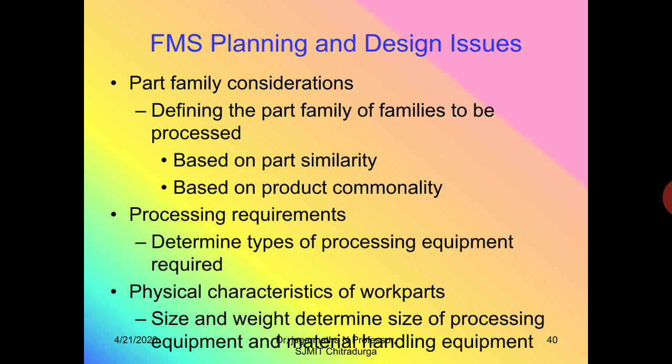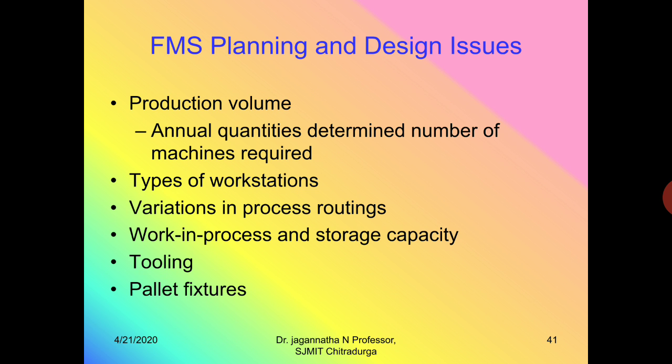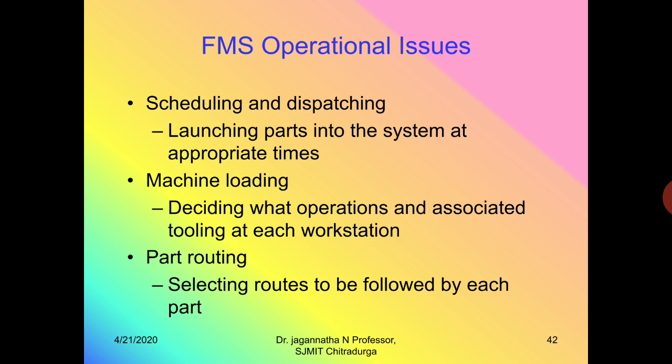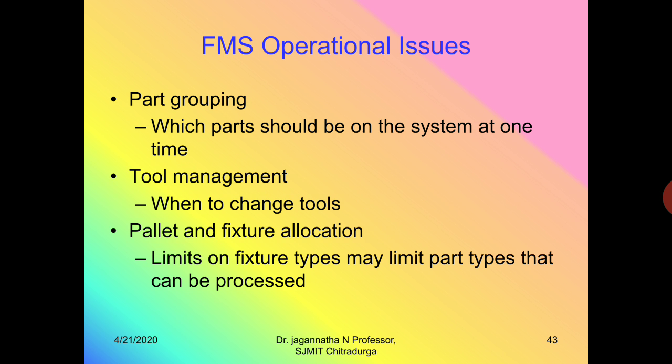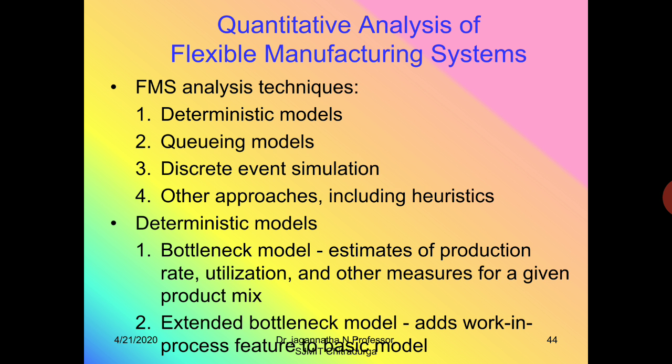Then the processing required, determination of the type of processes, the physical characteristics of the workpiece, the type of workpieces and production volume, the type of workstations required, variation of the process routings required, work-in-process decisions, and tooling and pallet structure. These are the design issues. Operational issues are scheduling and dispatching, machine loading, part routing, part grouping, tool management, pallet fixtures and so on.